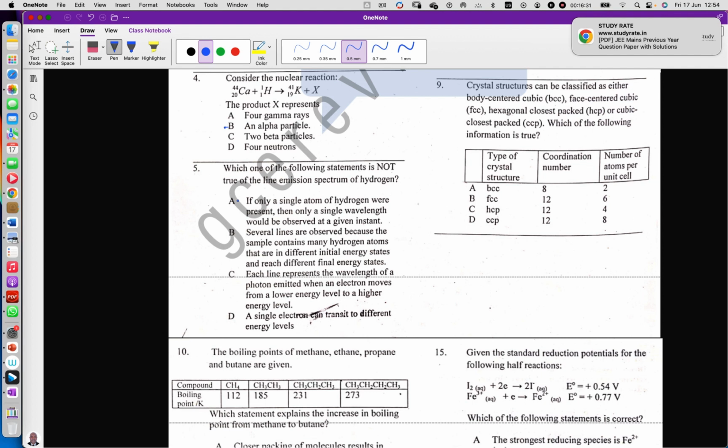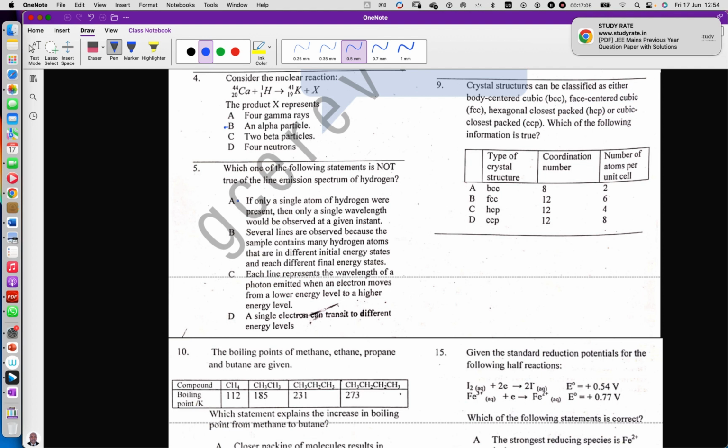When they leave from higher to lower, photons are emitted. When they leave from a higher energy level to a lower energy level, they emit a photon. So the statement is reversed. Each line represents a wavelength of a photon emitted when an electron moves from a lower energy level to a higher energy level?